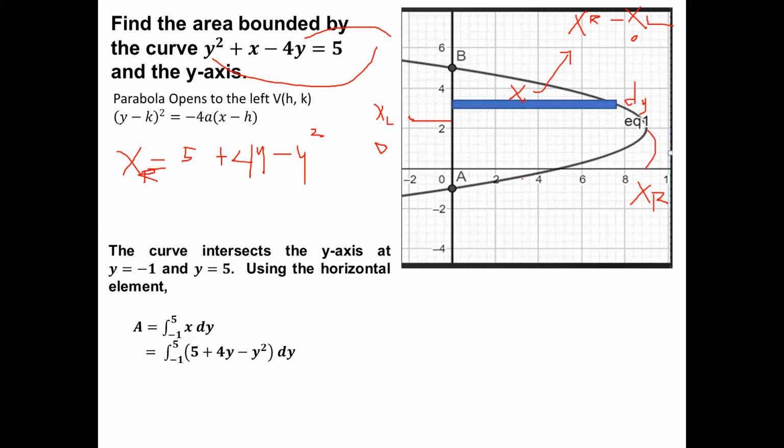Ibig sabihin, yung equation ng graph na yan, ng parabolang yan, ay ito. Can you follow? At ang XL naman natin, yung value ng x natin is equal to 0 sa XL. Ito yun. Ito naman yung XR. That's why, yung formula dito kanina, originally ganito yan mga anak, no?